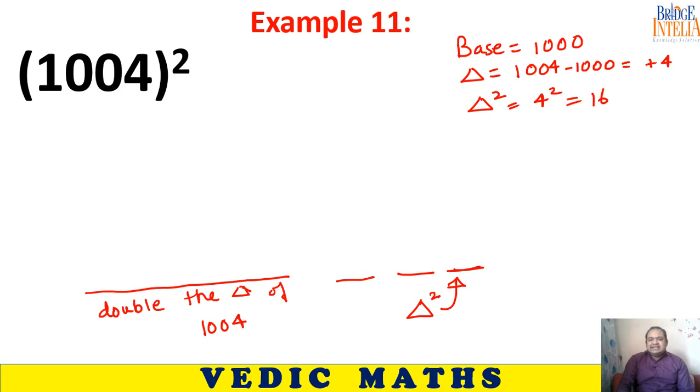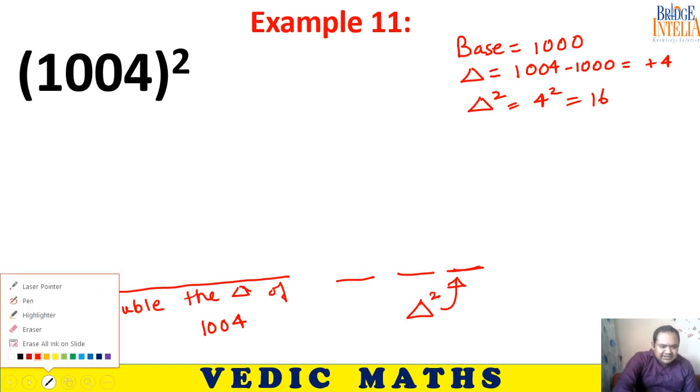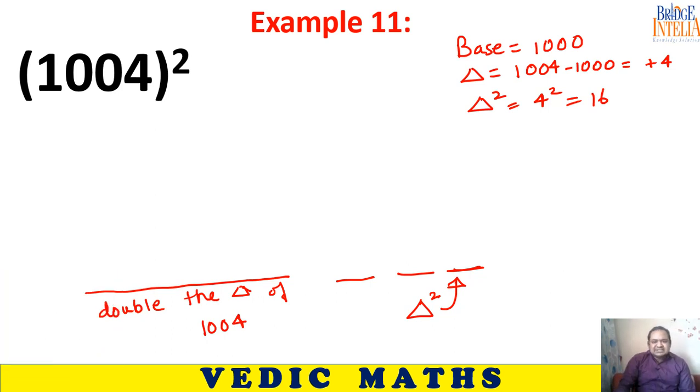So deviation is plus 4. Deviation square is 16. So we have to write delta square in these 3 blank spaces. So 16 is a 2-digit number, but there are 3 blank spaces. So I will write 016. And in the first blank, I have to double the deviation of 1004.